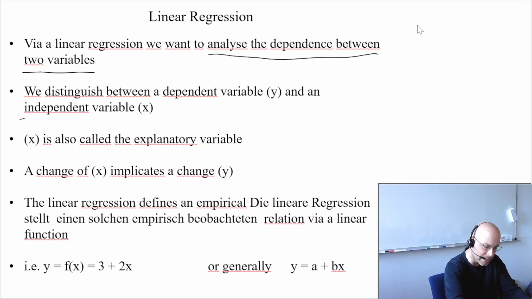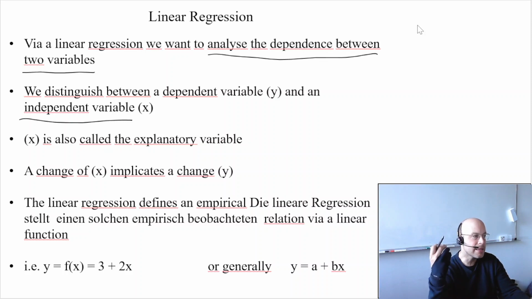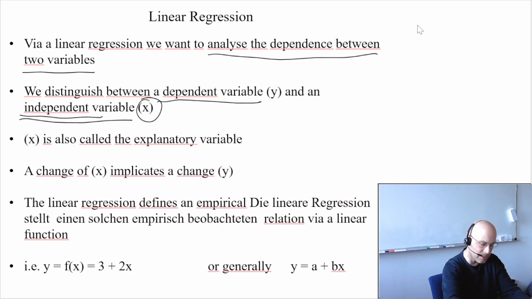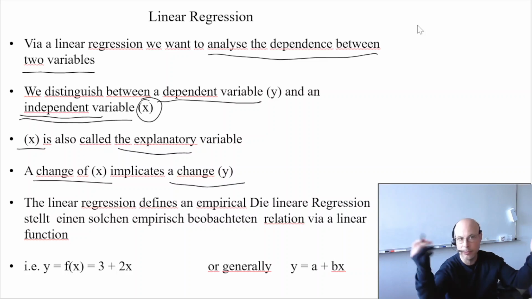We say one variable is independent, and we have a reaction of the dependent variable y if our independent variable x is changing. And in general, therefore, we call this variable x the explanatory variable. And this means a change of x implicates a change of y, maybe up or maybe down.